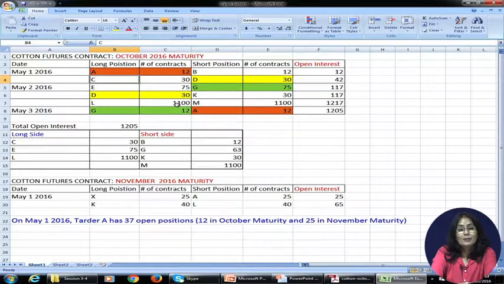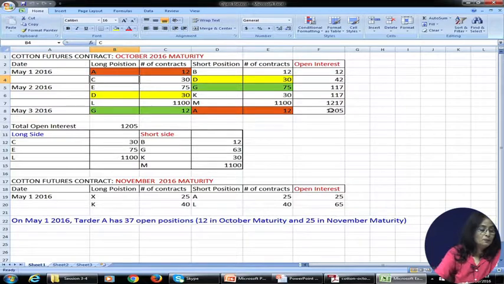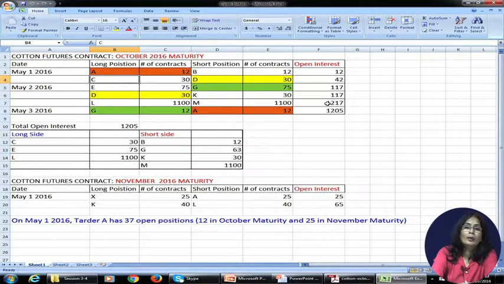We discussed that as an individual client, somebody cannot take more than 48 contracts at a given point of time. Let's ignore that fact. So L took a 1100 long position and M took 1100 short position. So what happened to the available open interest? That is 1217.